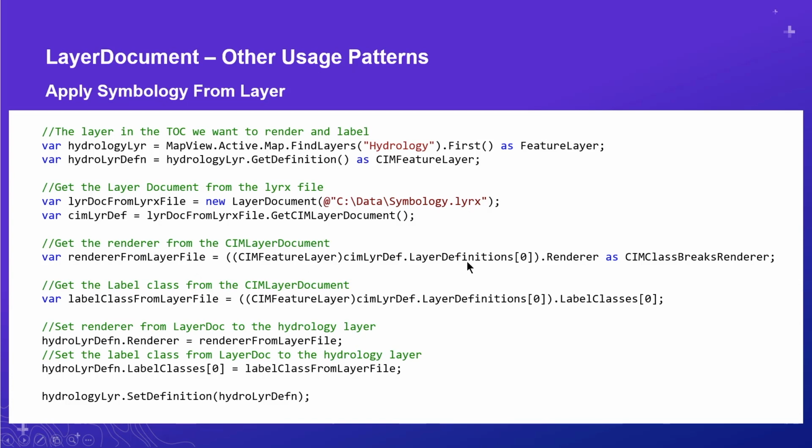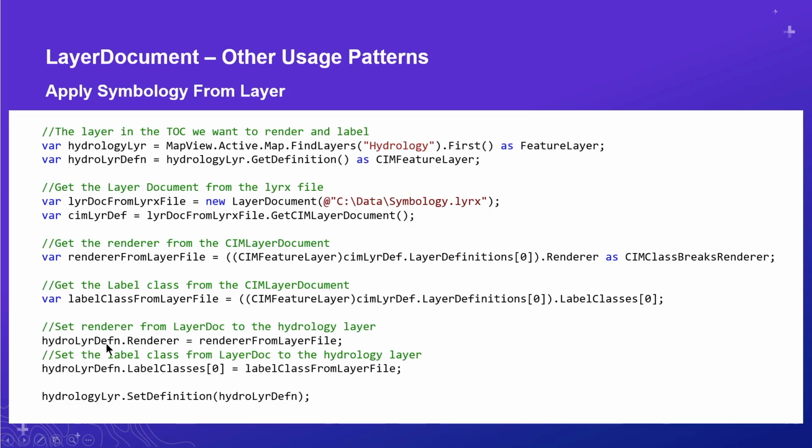Notice that I access the first layer definition. Since this is not a group layer, I get the renderer property and I cast it to a class breaks renderer. That's the renderer in my layerx file that I want to use. Similarly, from the layer definitions, I get the label class file and I store it in my label class from layer file property. So now that I have the information that I need from my layer document, I'm going to use that in my hydrology layer.